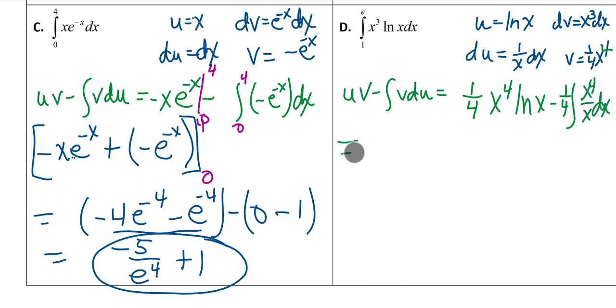So rewriting that, we get 1/4 x to the 4th ln of x. Oh, and we need this, of course, 1 to e.